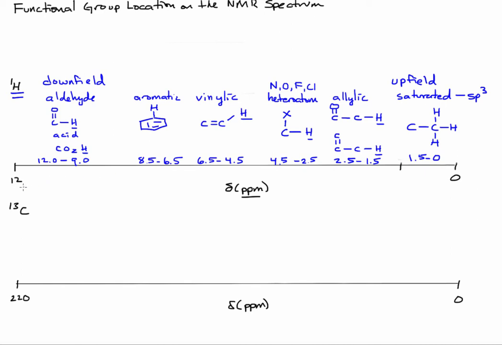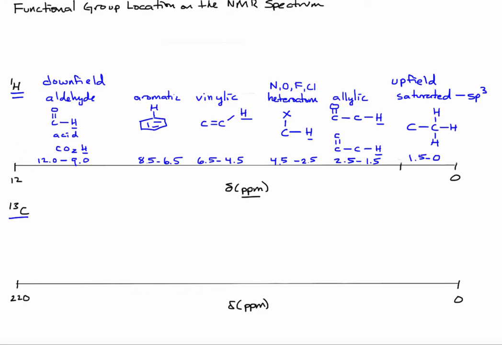So let's go ahead and look at the carbon-13 NMR now. So the first thing to notice is that the scale is much larger. So instead of 0 to 12, as we saw in the proton, we're now 0 to 220. So we can use that to our advantage because there's going to be greater distance between functional groups on this scale.